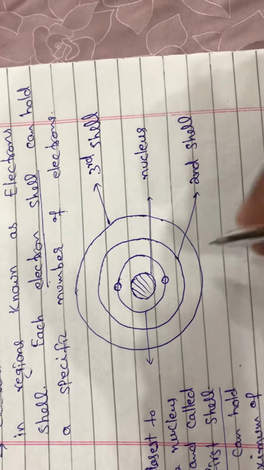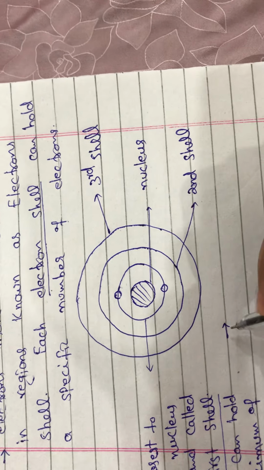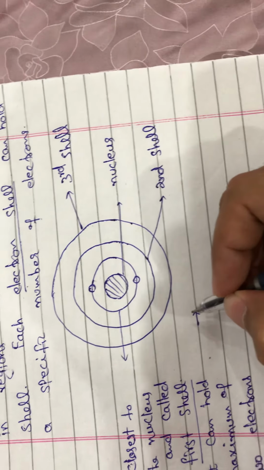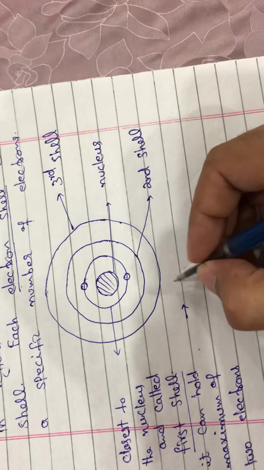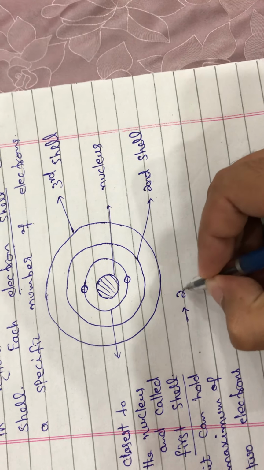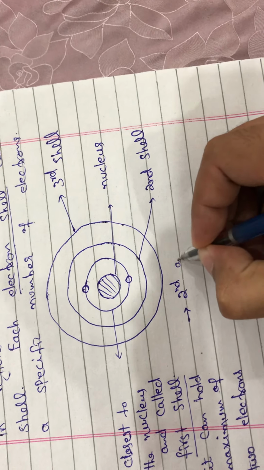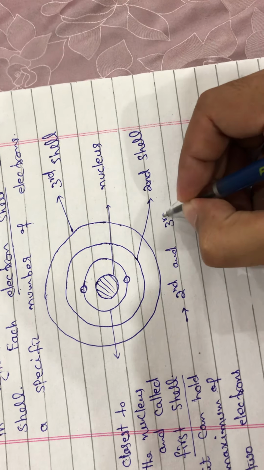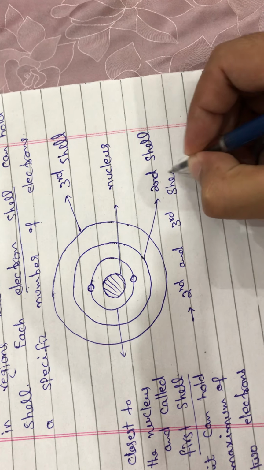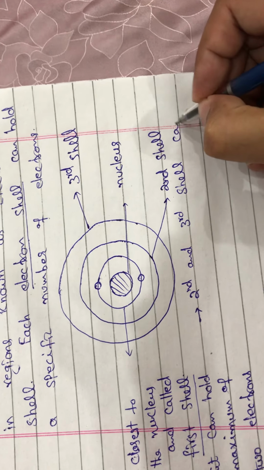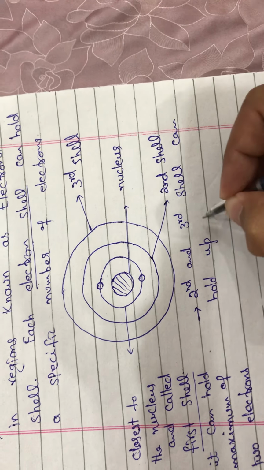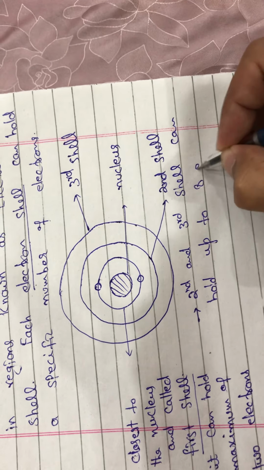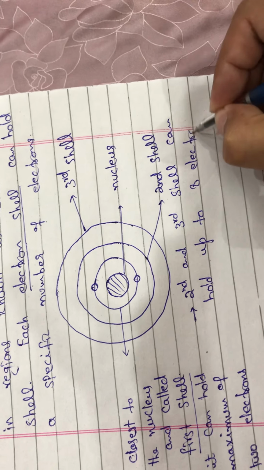So in most cases, the second and third shell can hold up to 8 electrons.